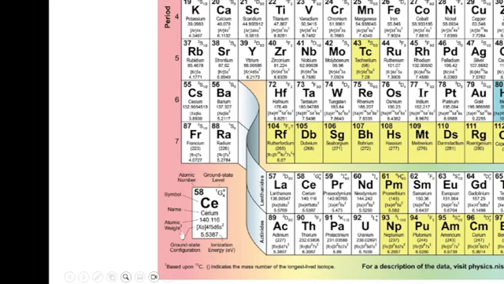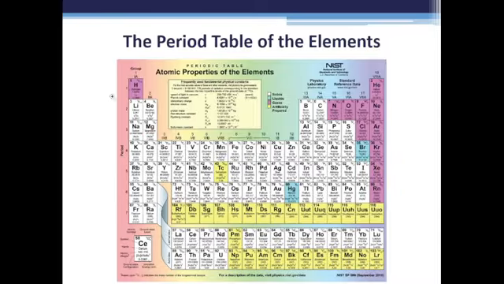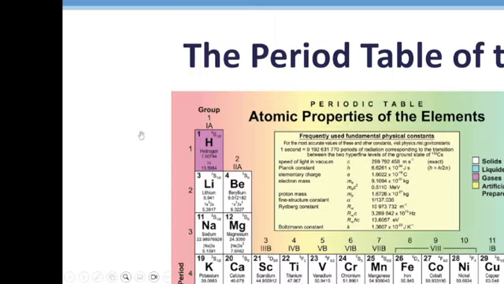This is the atomic weight or the atomic mass. They are the same. And the atomic number is critical as it defines the element. For example, hydrogen always has one proton. As you can see here, hydrogen has one proton.